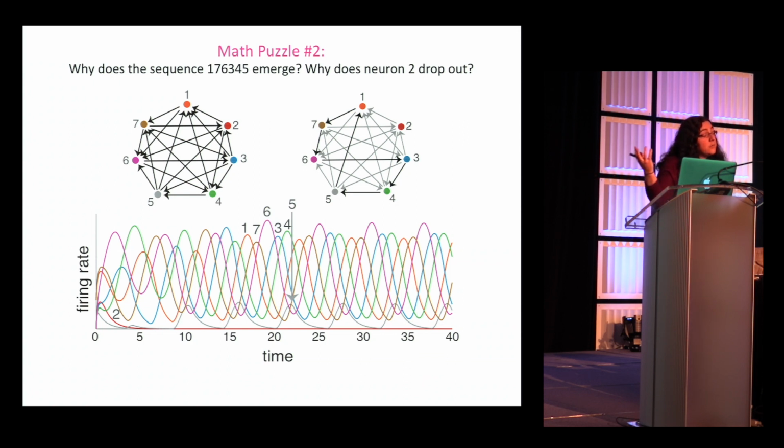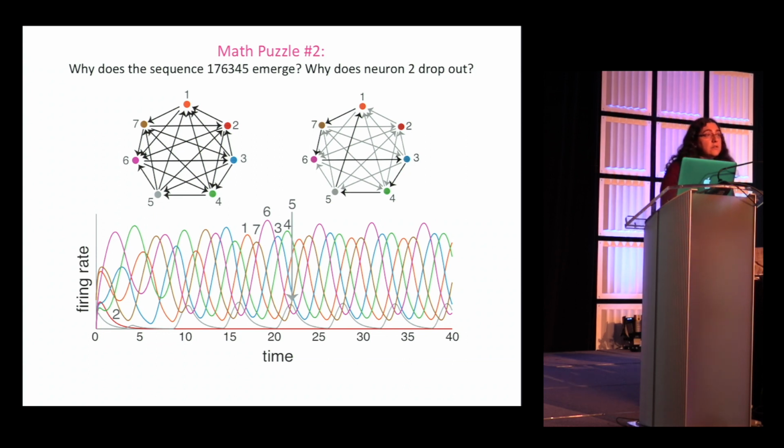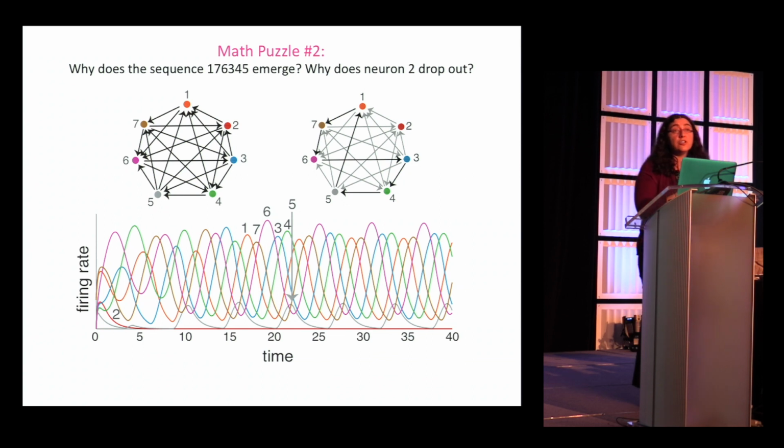Okay, so this is another nice thing about this model: it gives you a toy model in which you can start exploring how more complicated connectivity can give rise to sequences. And just so you know, what I have in the back of my head that I would like to study with ideas from this model are things like emergent sequences in hippocampus, like ripple sequences, where some of them seem to replay sequences that occur during behavior, but the vast majority just seem to emerge and reflect some structure of the network.